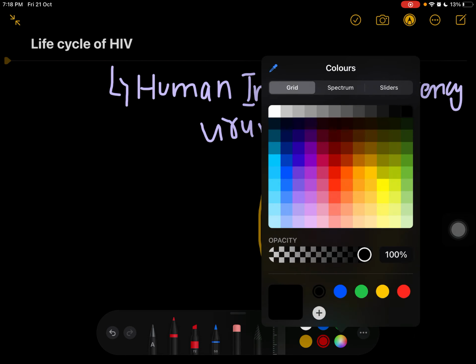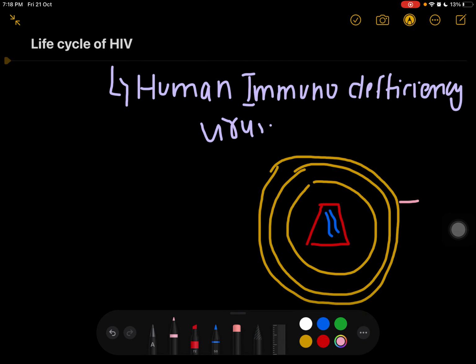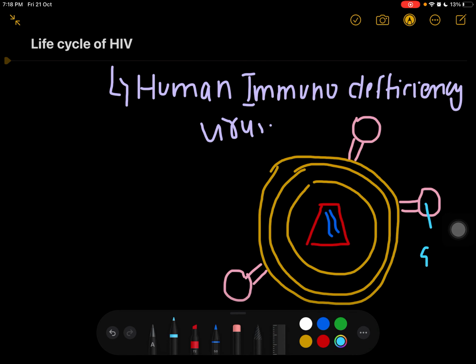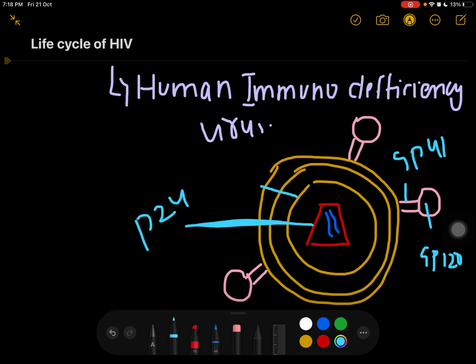Then there are glycoproteins GP, you can see over here. This is GP120, this is GP41, this is P24, and this matrix protein is P17. I have talked about this structure in my previous video.